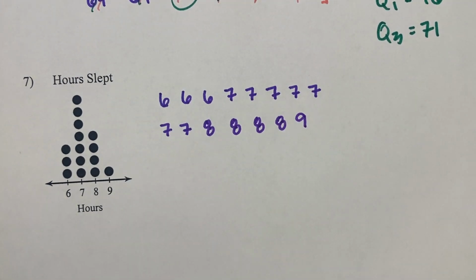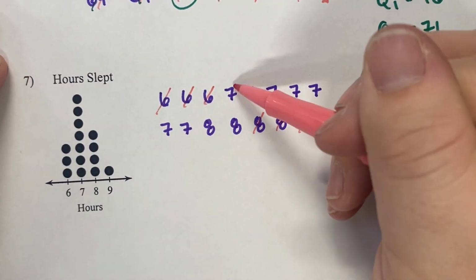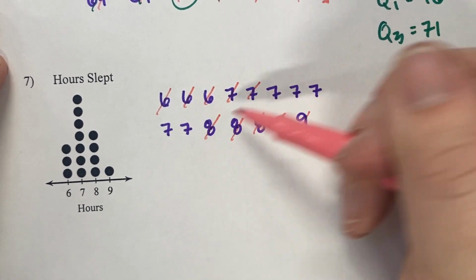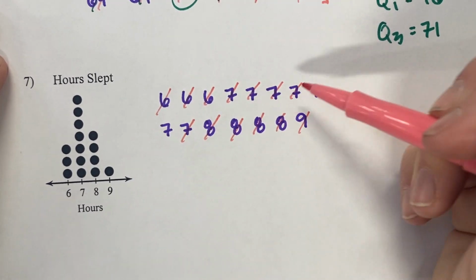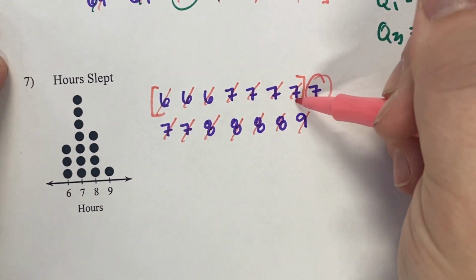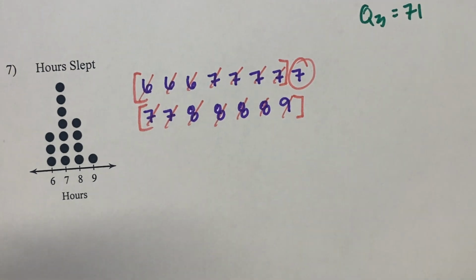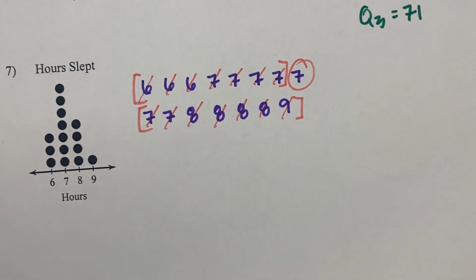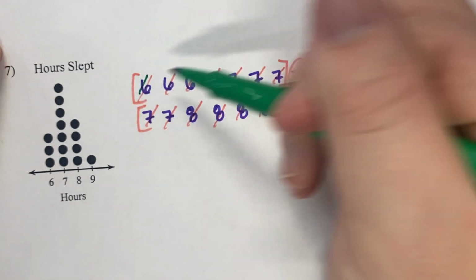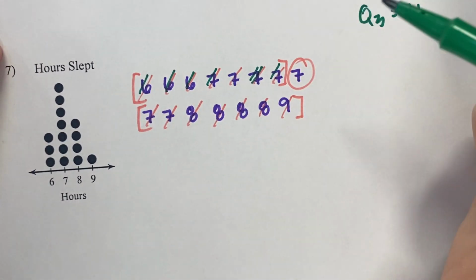First find our median for the whole thing. 1 1, 2 2, 3 3, 4 4, 5 5, 6 6, 7 7. So there's our median, and those are our two other data sets that we need to find the quartiles for. So our Q1 is going to be 1 1, 2 2, 3 3, 4.